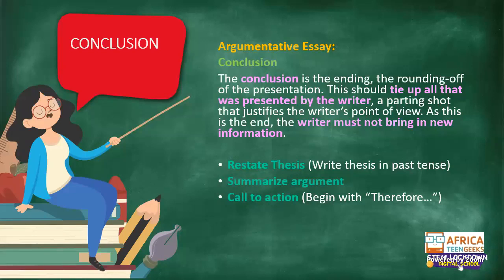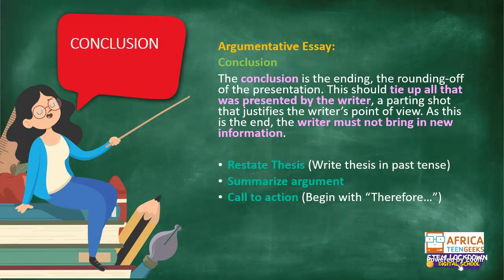The conclusion is the ending, the rounding off of the presentation. This should tie up all that was presented by your writer. In other words, you are rewriting everything that you've already said in your essay, but you're concluding it now. It's a parting shot that justifies the writer's point of view.